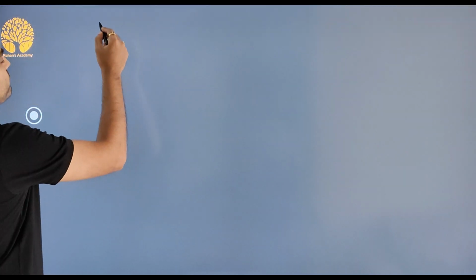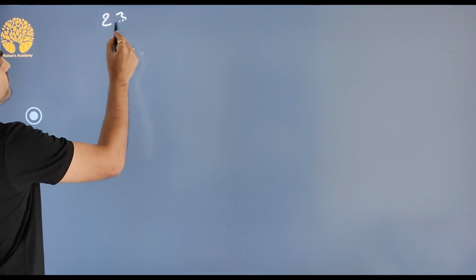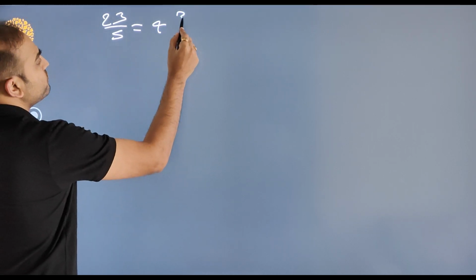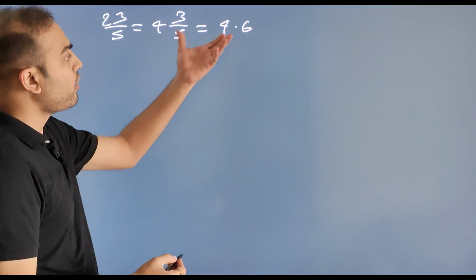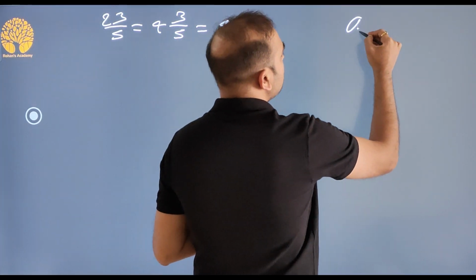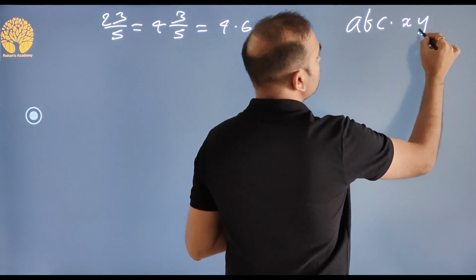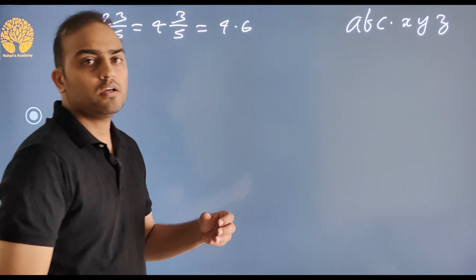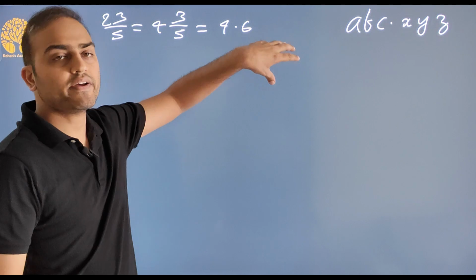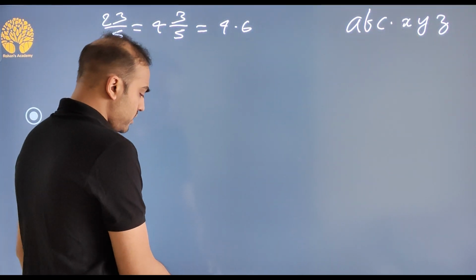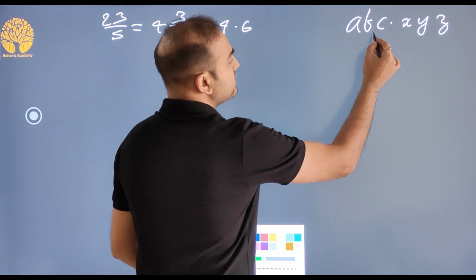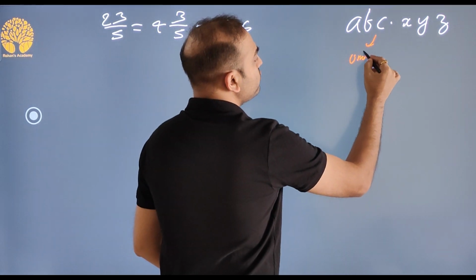So see, if you have the same thing, 23 by 5, which is 4 3 by 5, which is 4.6. When we talk about a decimal ABC point XYZ, before the decimal point you have certain values, after the decimal point again you have certain values. Now this C is your units digit.